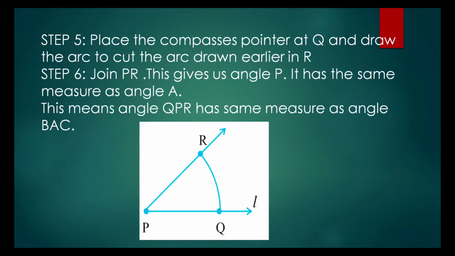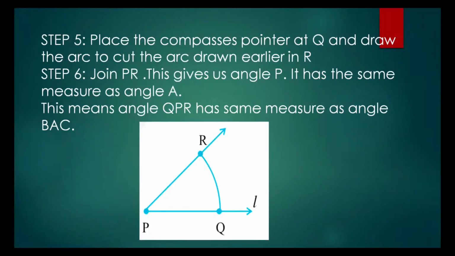And then place the compass's pointer at Q and draw the arc to cut the arc drawn earlier in R. Step 6. Join PR. This gives us angle P. It has the same measure as angle A. This means angle QPR has same measure as angle BAC.